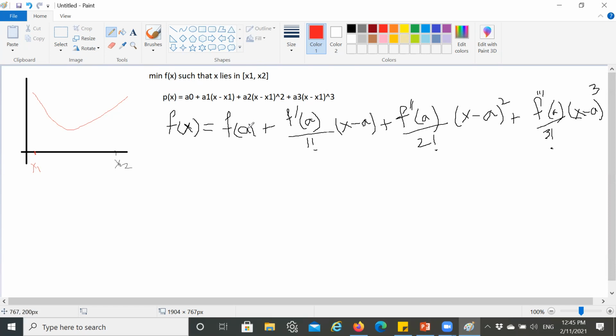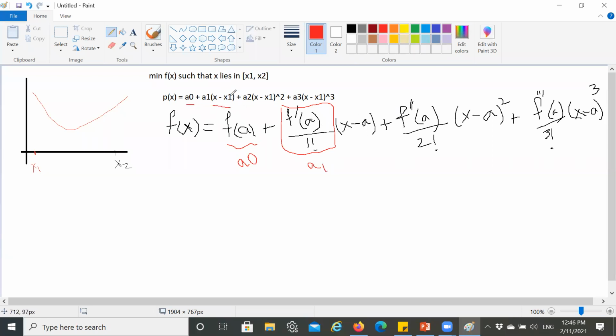So I know the functional value at some point a, and I can use that. Basically, this would be my a0. Is everyone following? This would again be, I know the derivative, so this is also some constant value, and this I can call a1.